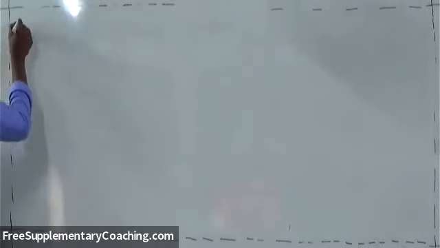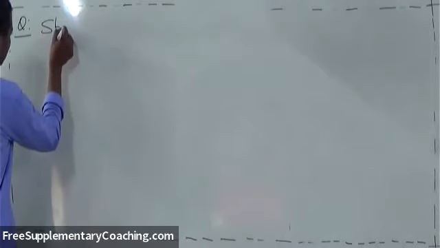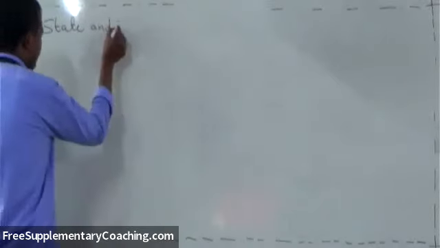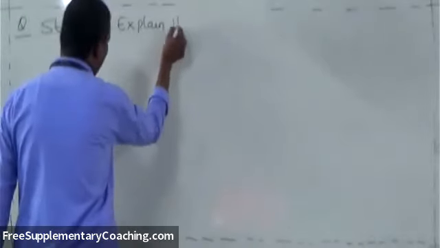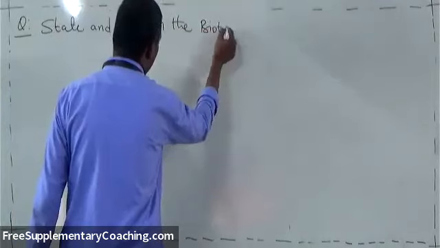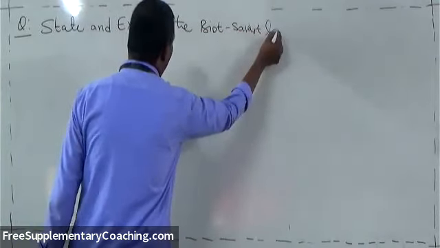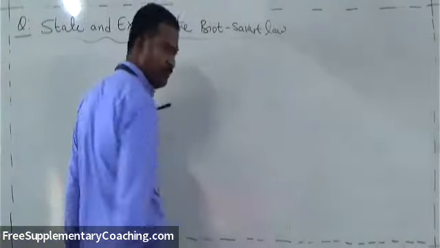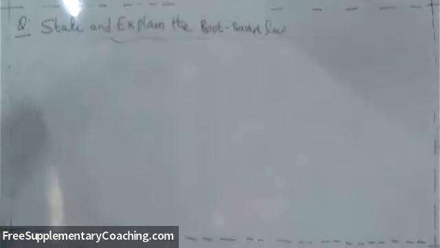From that chapter, moving charges, the question is: state and explain the Biot and Savart law. State and explain Biot and Savart law. What does Biot and Savart law mean?